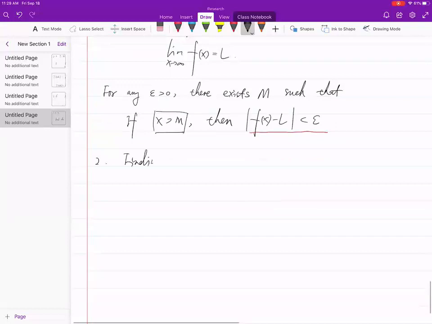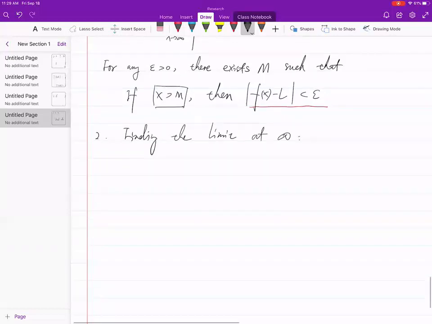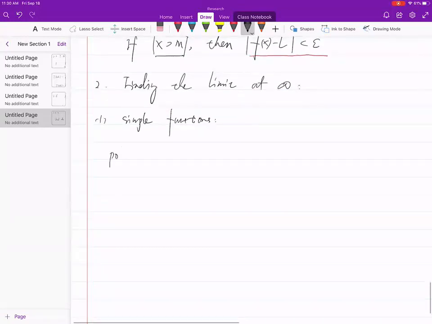Now we go to the fun part. Finding the limit at infinity. Well, whenever we have something like this, we always go with what we know. Simple functions. Okay, polynomial.